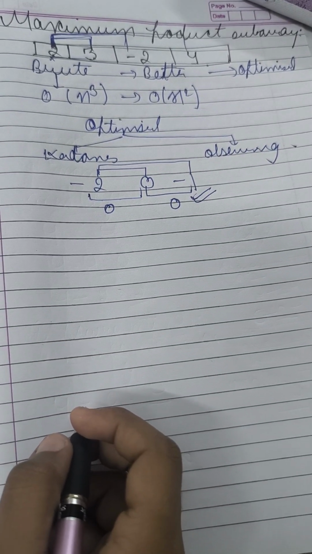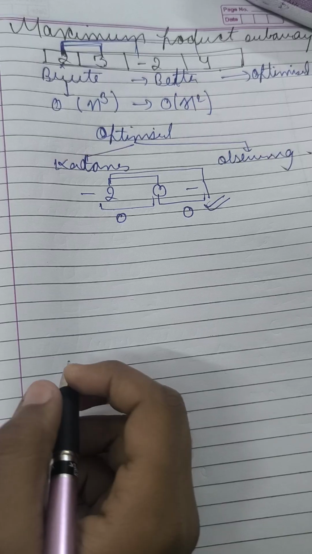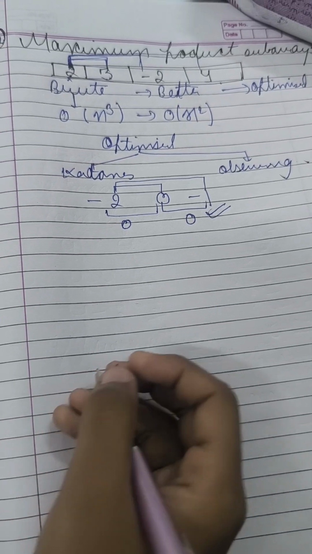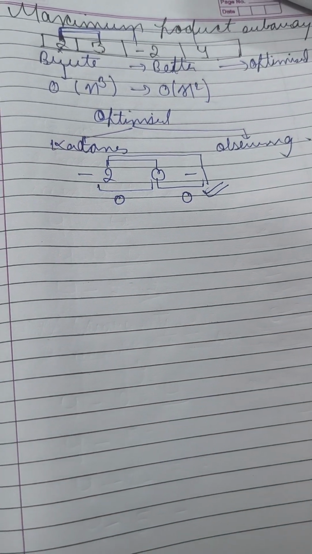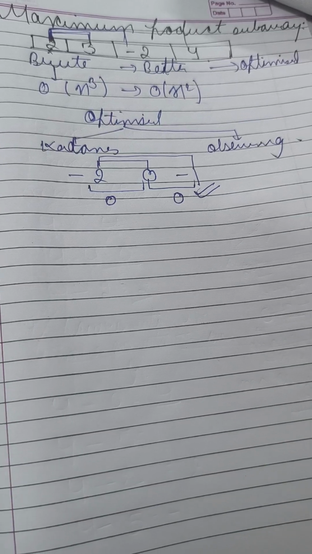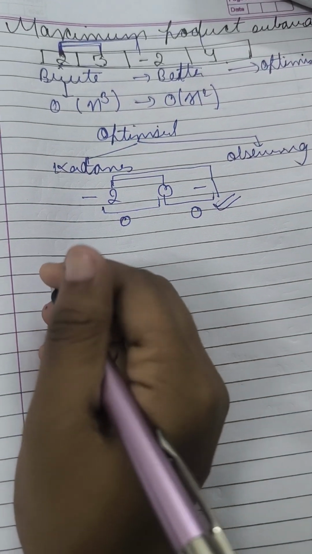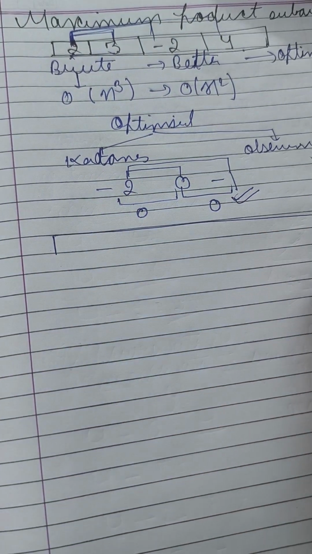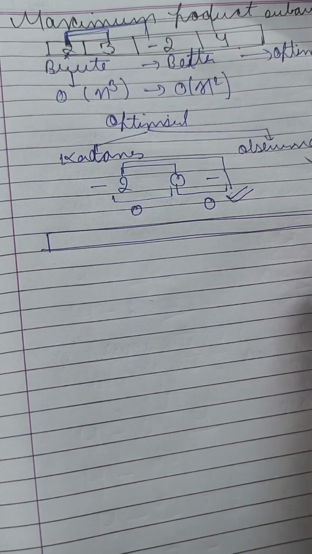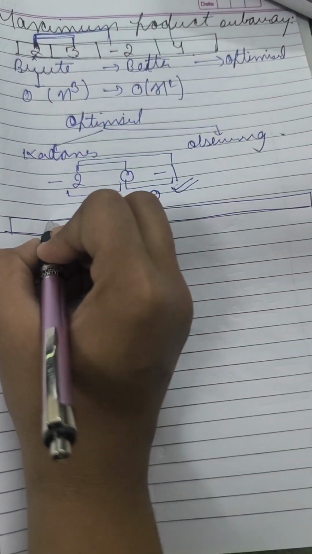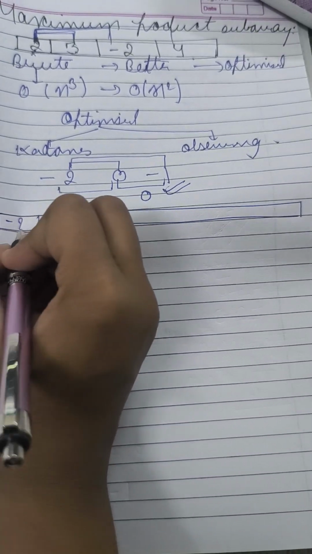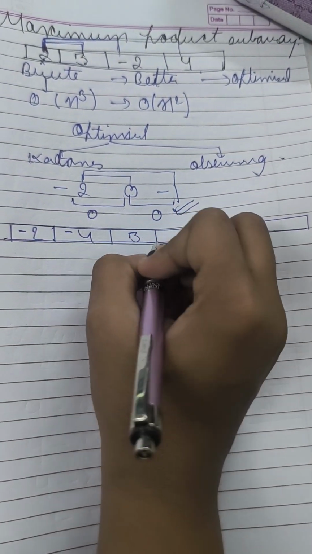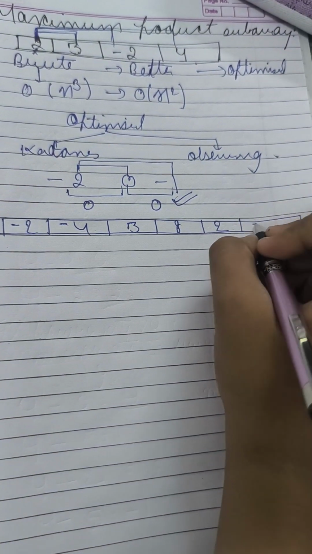So you would be seeing that here we have to declare two things. First is that you have to take a prefix, and the other thing is that you have to take a suffix. Means prefix, suffix, what I am trying to say is, suppose I'm taking one more example over here. It is -2, -4, 3, 8, 2, -2.